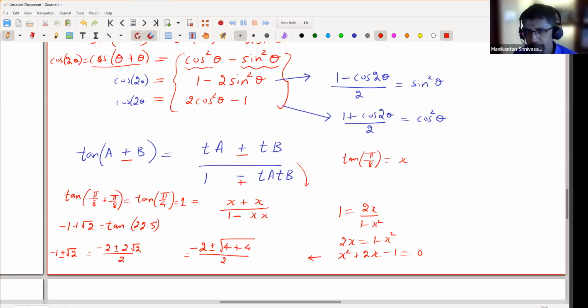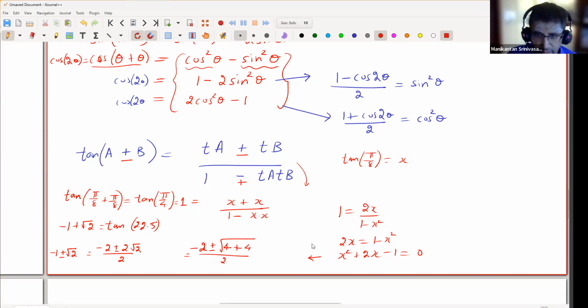So the other root of the quadratic, namely minus 1 minus root 2, that would give you the other value of theta where tan theta equals 1, which would be I believe 9 pi by 8. And so the other root, minus 1 minus root 2, is like the corresponding other tan value. You're almost right.